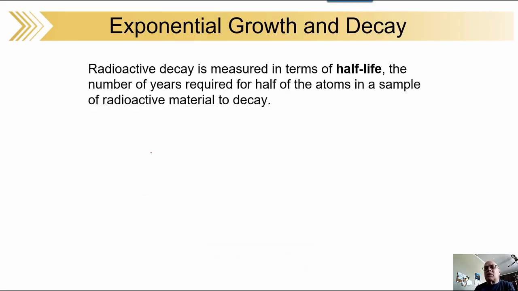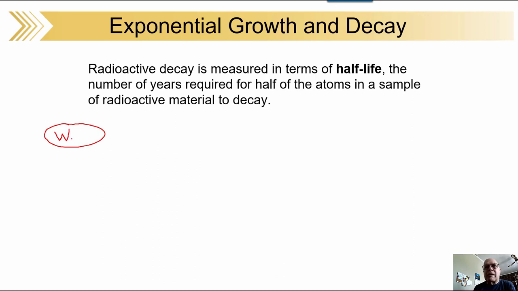Radioactive decay is measured in half-life. Now, what does that mean if you haven't run into it or haven't run into it for a while? Let's suppose we've got an element here, and we're going to call this element, let's see, we'll just use a W. I know W actually represents an element.